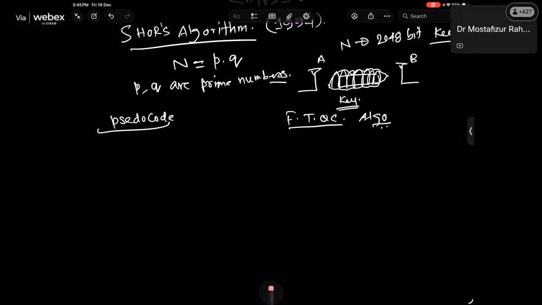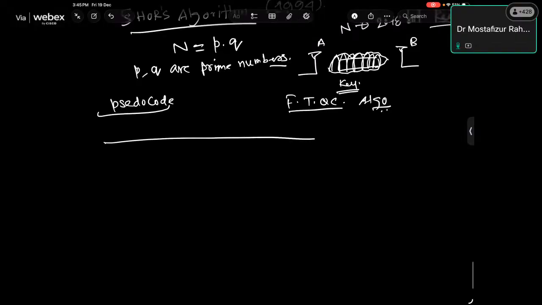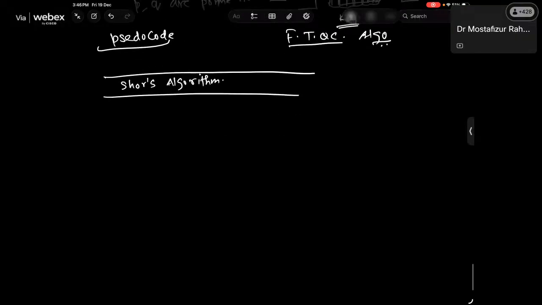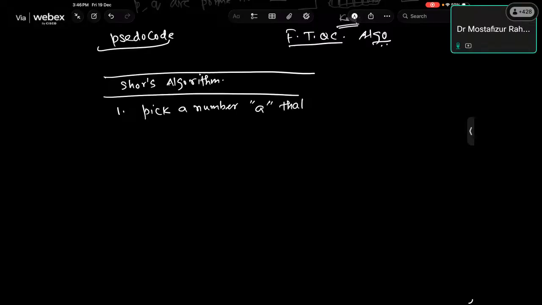Okay, so let me write the pseudocode part first, and then I'll come back to the mathematical aspects. I'm going a bit slow; I was too fast. So pick a number a that is co-prime with n.